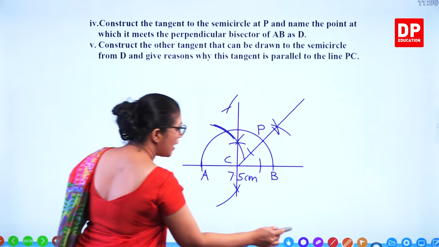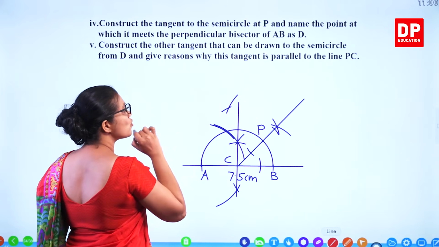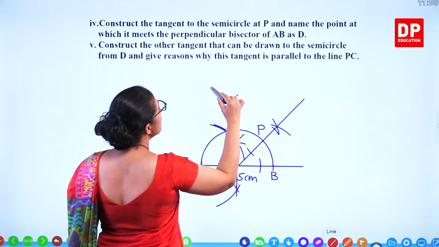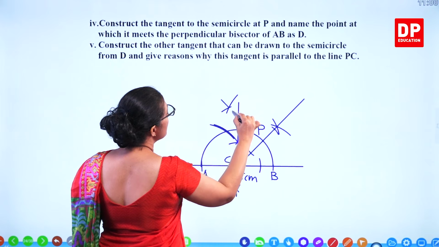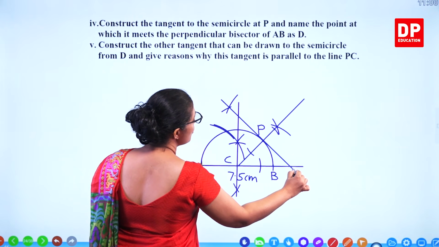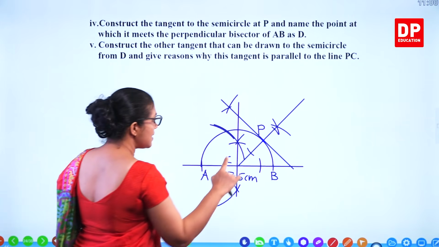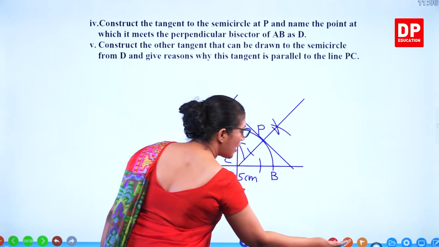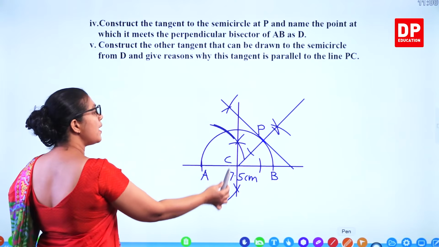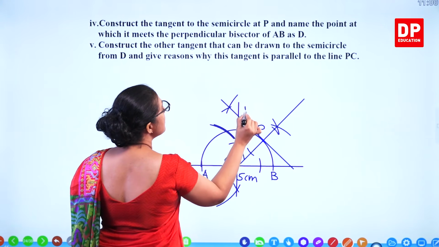Now we have the point. Now you can connect the P point and this one. So that's the tangent line. So we'll connect. So this is the tangent line. Now it says the intersecting point of this perpendicular bisector and the tangent line is D.